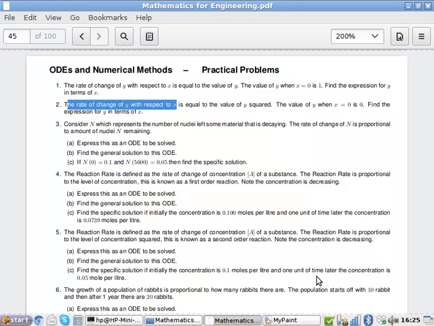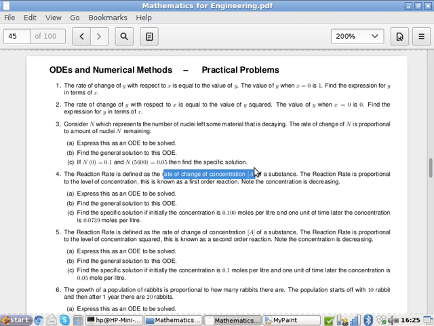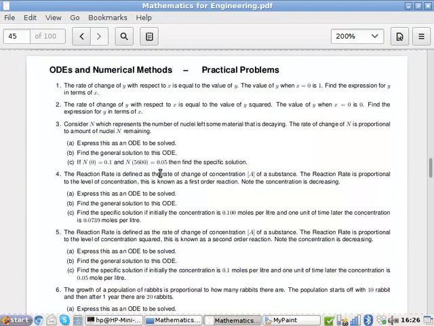So, the reaction rate is defined as the rate of change of concentration. Omar. The reaction rate is defined as the rate of change of concentration. So, reaction rate is the rate of change of concentration of A.